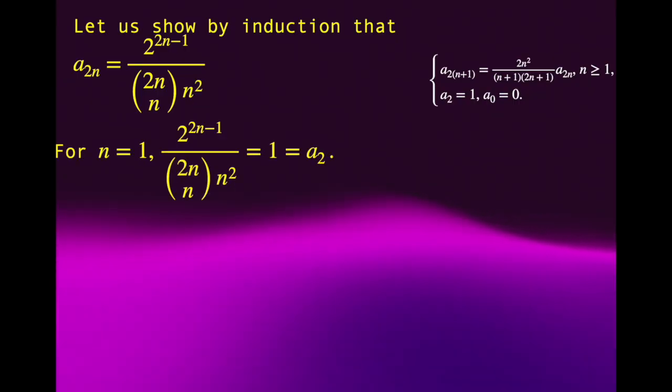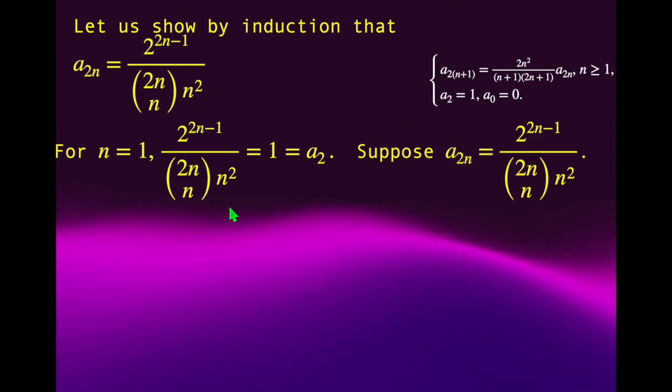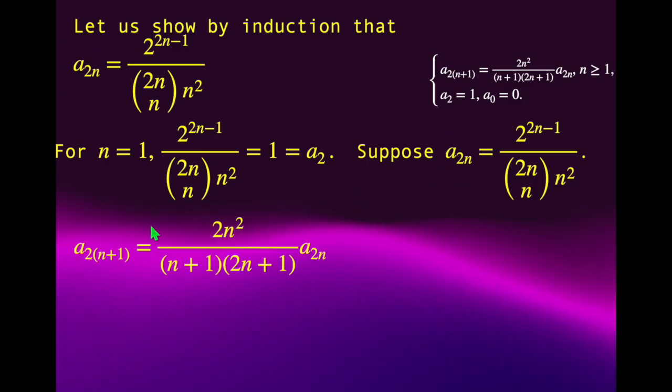It's a straightforward induction. For n equal to 1, this relation is satisfied. We suppose that we have this relation and we compute a_{2n+2}.